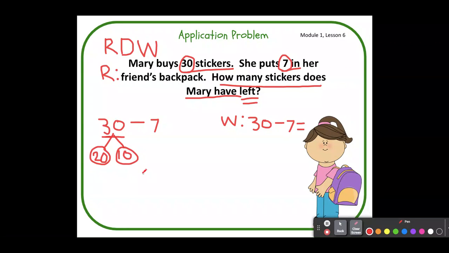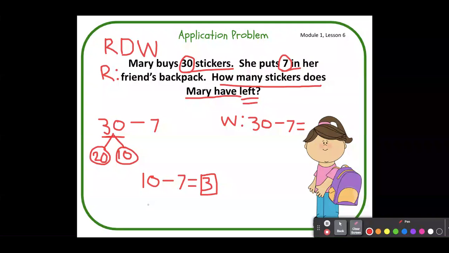The second step is to then either mentally solve 10 minus 7 in your head or write it down so that you don't forget. Notice that 10 minus 7 equals 3. Most of you have memorized that number fact from kindergarten or first grade, and that's fabulous. If you haven't, that's okay. You might just need a little more practice.